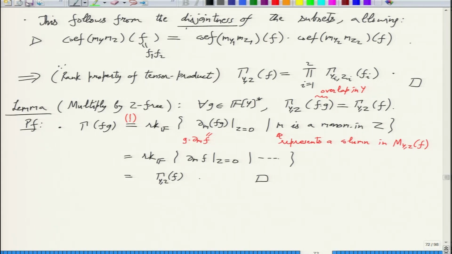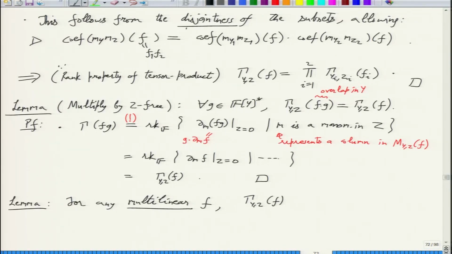Any questions about this? So the last property will be a trivial upper bound on the rank. This is where we are assuming multilinearity for the first time. For any multilinear f, gamma yz of f is upper bounded by what is the maximum for this?